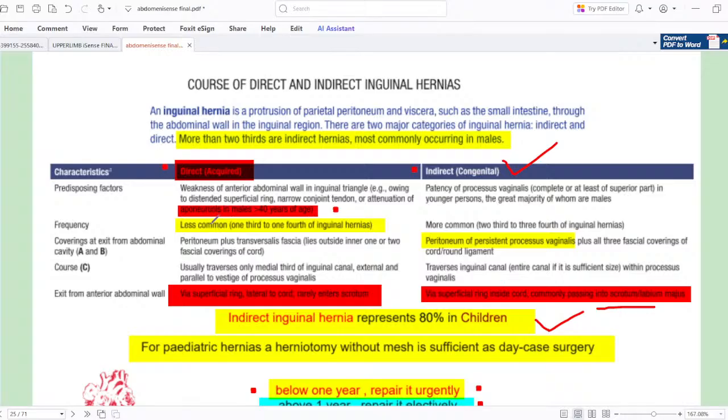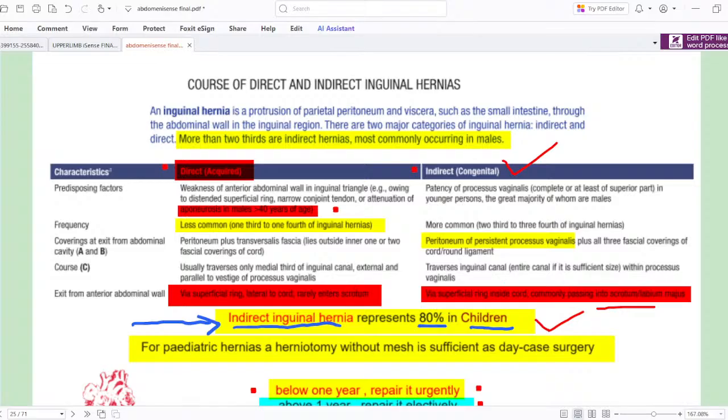Direct, indirect. Indirect inguinal hernia means it is occurring through the inguinal canal, to the superficial inguinal ring. Indirect inguinal hernia represents 80% in children. So mainly indirect inguinal hernia is congenital.